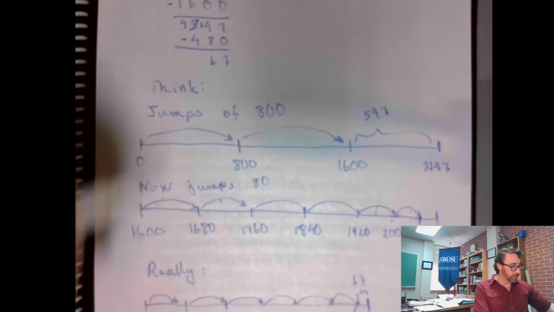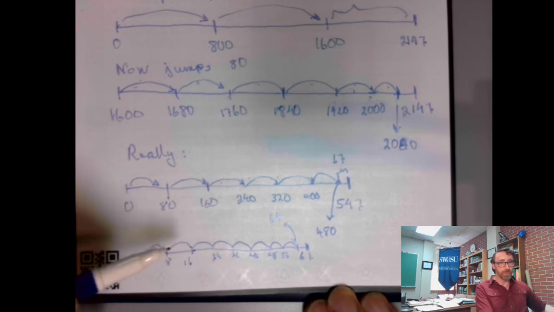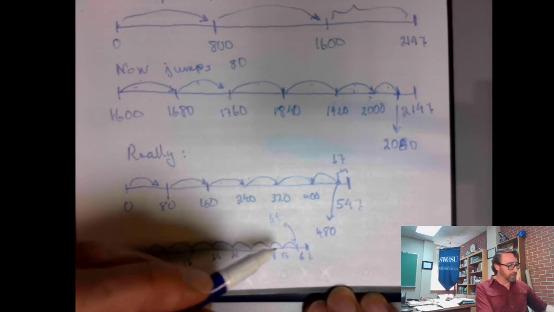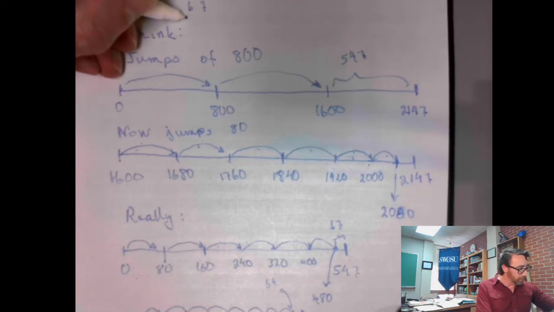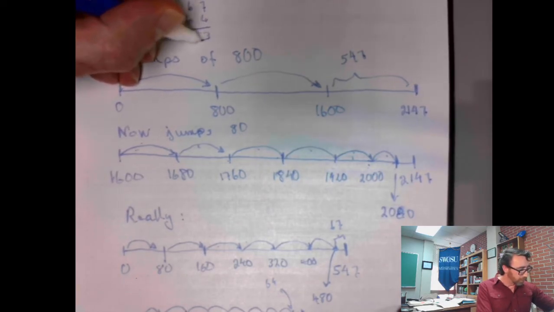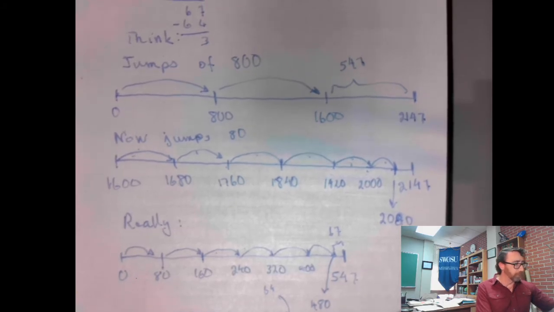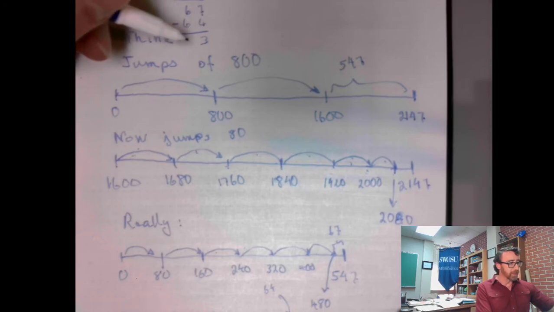Okay, I can get as close as 64 by taking 1, 2, 3, 4, 5, 6, 7, 8 jumps. So 8 jumps, 64. So there's 3 left over. Okay, so up here is my quotient of 268 with a remainder of 3.